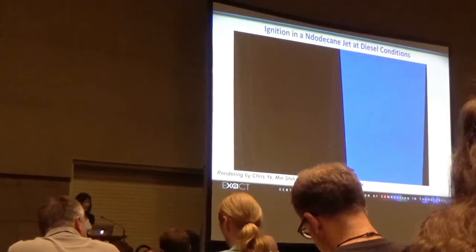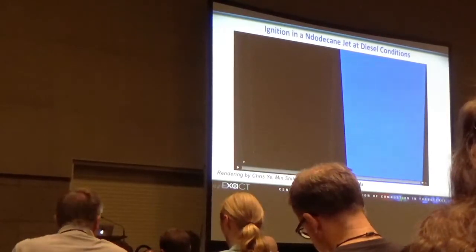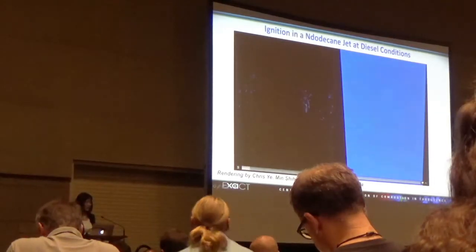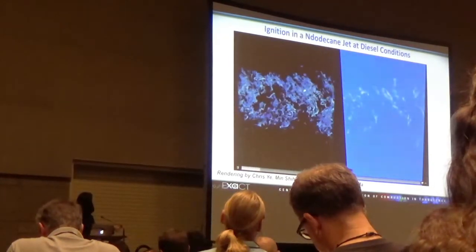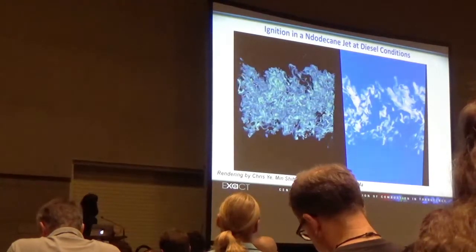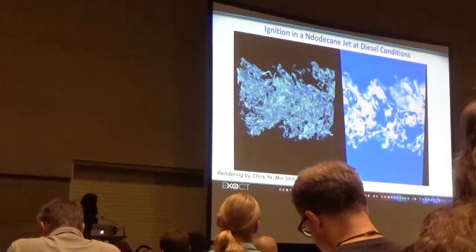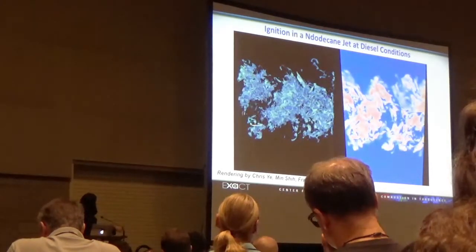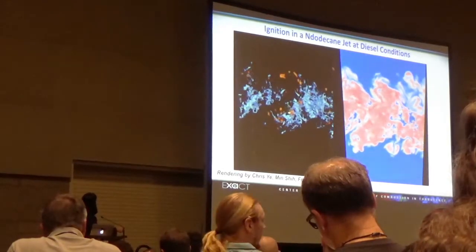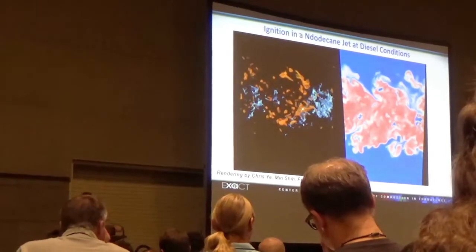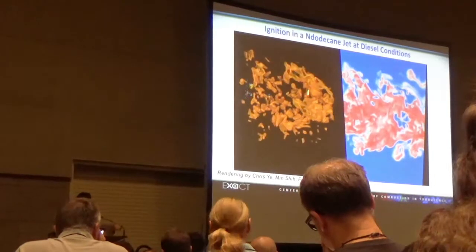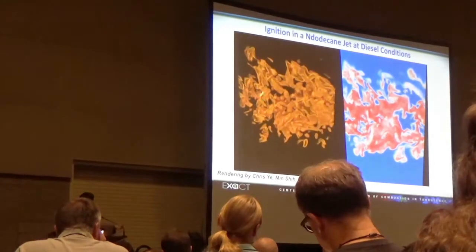On the right side, you will see a cut plane of the hydrogen peroxide radical during ignition. So let me play it. So first, you see the formation of ketohydrogen peroxide, that's that low temperature radical soup due to first stage ignition. Started out on the lean side, the fuel's in the middle, it starts to populate the central part of the jet, and then it disappears as hot ignition, denoted by these orange structures at 1150 K, start to populate the central core of the jet.